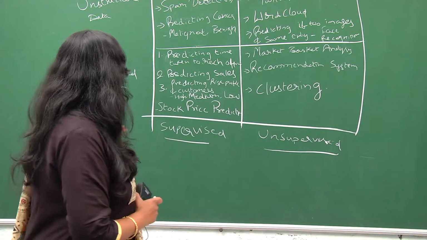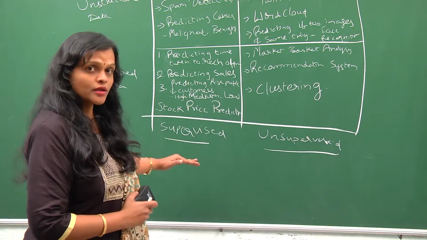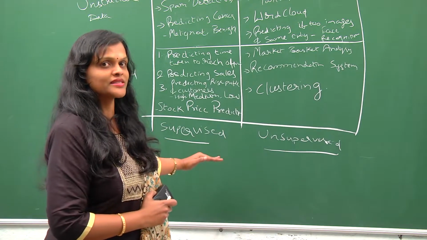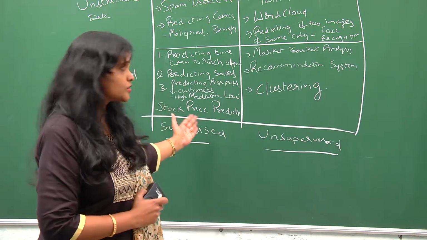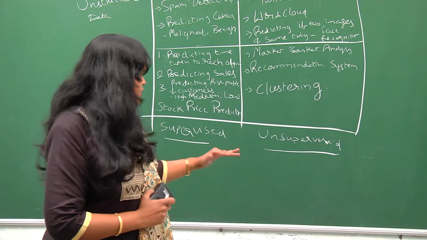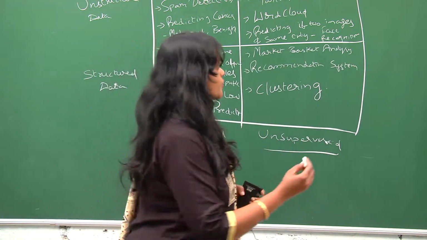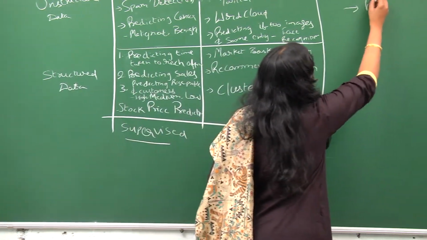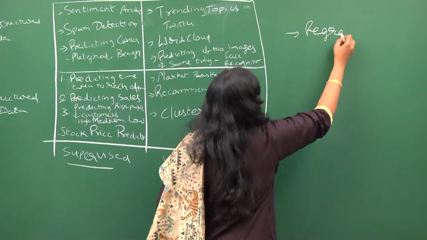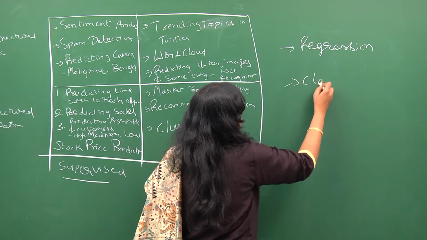Now, when you apply supervised algorithms, there are plenty of them, at least a couple, which can be applied on this structured data to resolve a business problem. These supervised algorithms can further be divided into regression and classification.